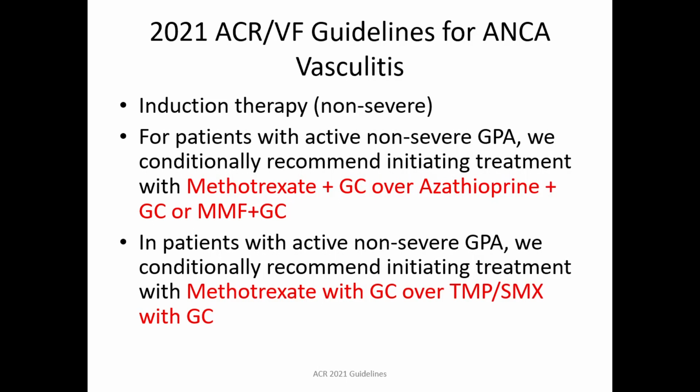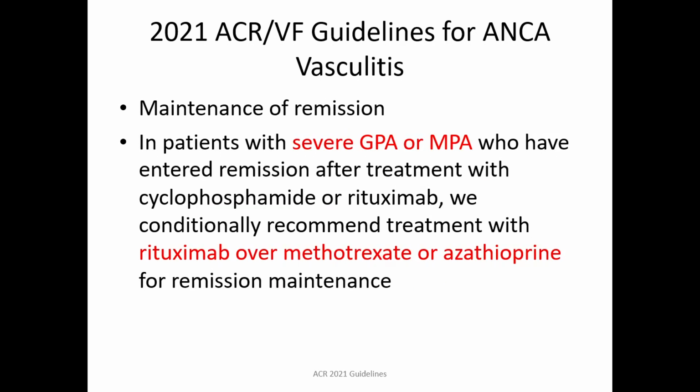So mycophenolate is bottom of the list. Not much data or recommendation for mycophenolate. And likewise, the trimethoprim sulfamethoxazole combination with glucocorticoid is not the ideal one. Sometimes we do that for PCP prophylaxis, but methotrexate will be your line of action when you're dealing with these patients.